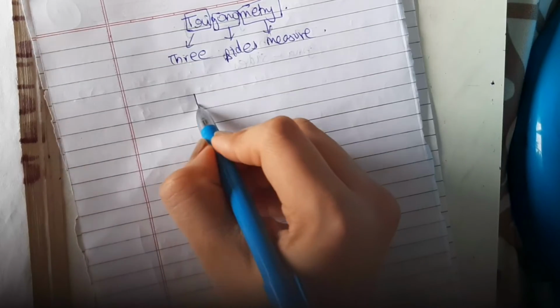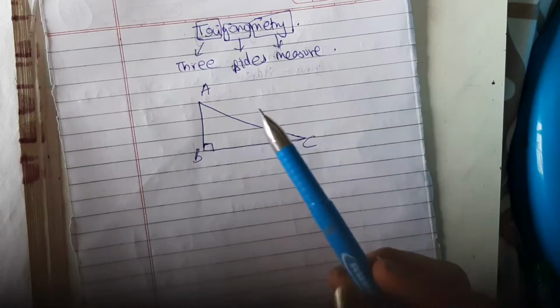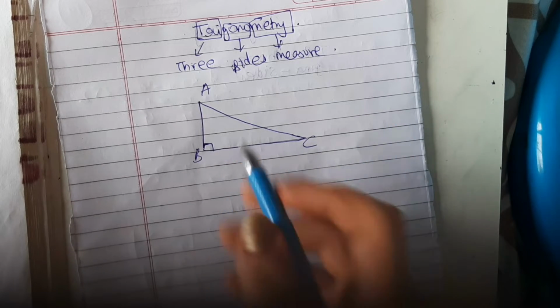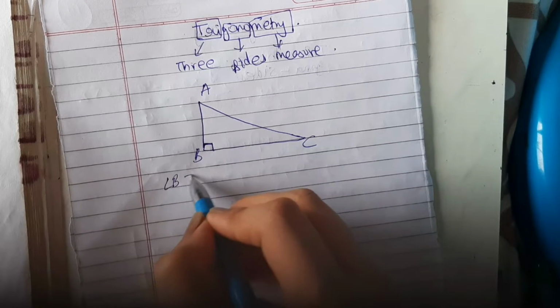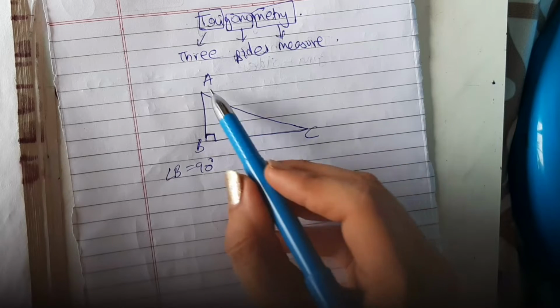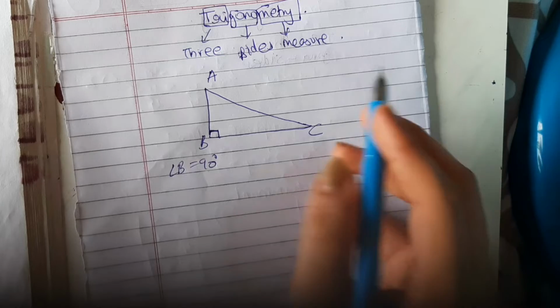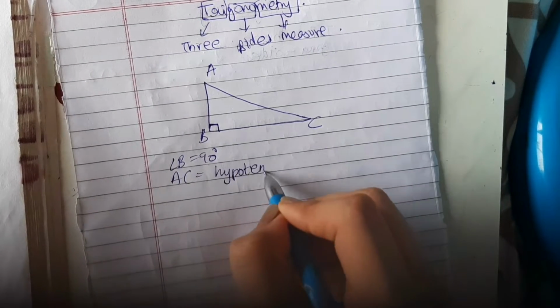For example, if I have a triangle labeled ABC, and this is a right angle triangle, so angle B is equal to 90 degrees. The side opposite to 90 degrees, that means AC, is called the hypotenuse.